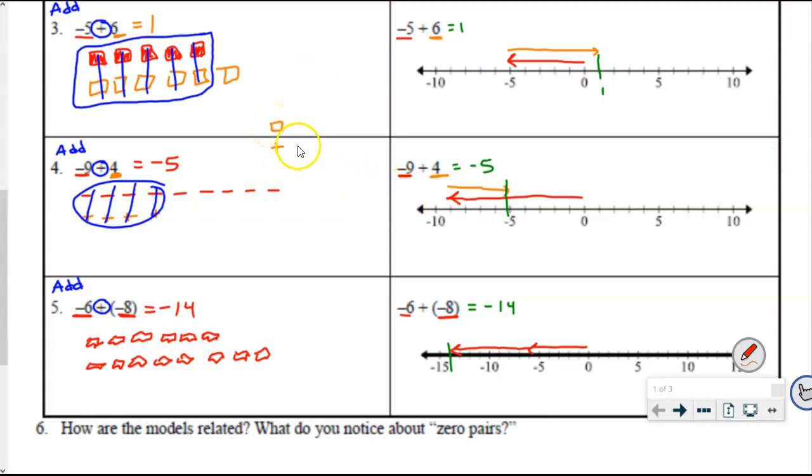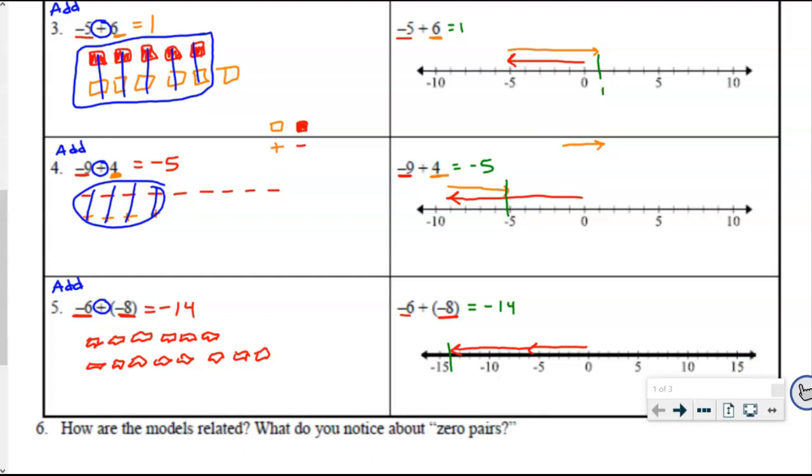Am I representing the negatives in the exact same way? No. How am I representing the negatives? Either a negative sign or a filled in tile. So do we have to have similar but different ways of representing positives and negatives? Yeah. How am I representing positives over here? How do I represent positives? Troy?